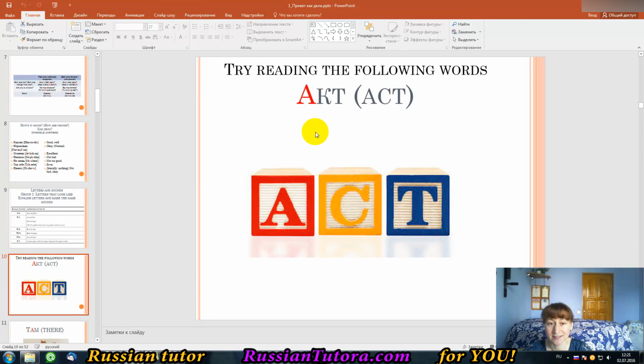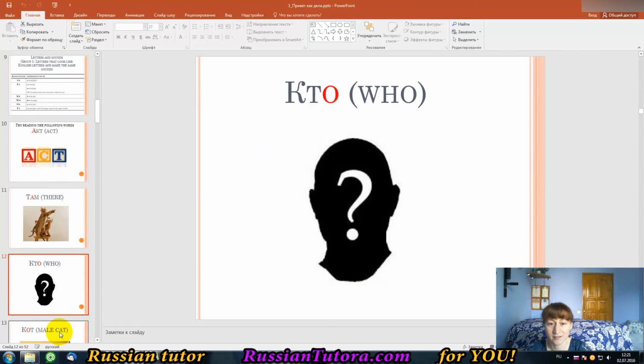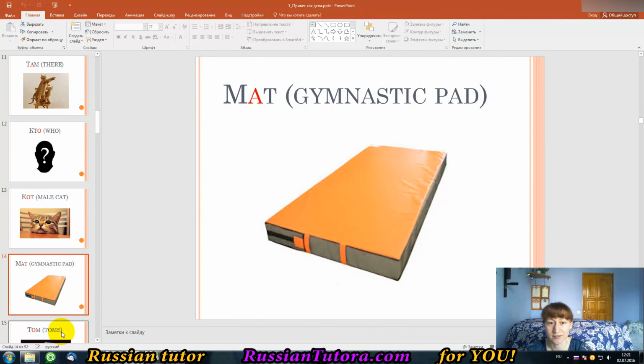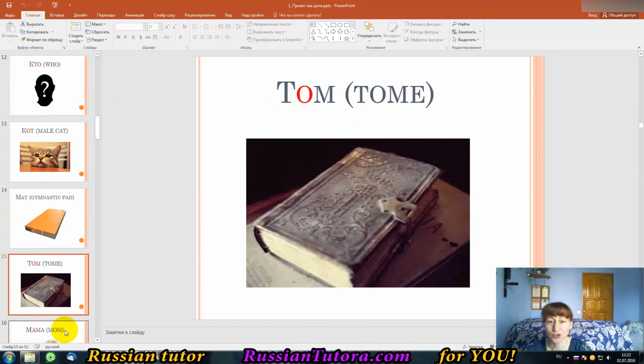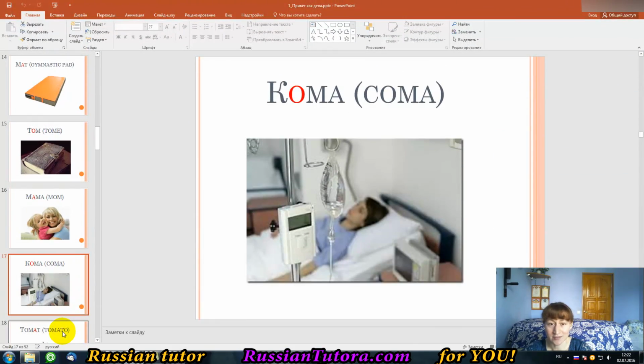Акт. Там. Кто. Кот. Мат. Том. Мама. Кома.